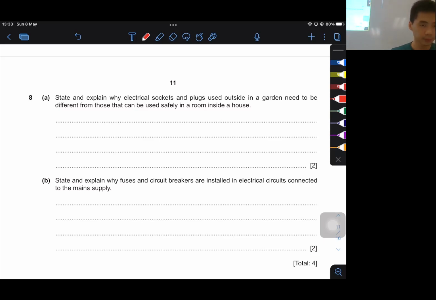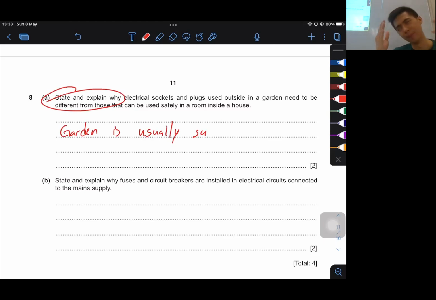Okay, so from here, obviously you can write out anything for your state and explain. Your statement is obviously going to be that the garden is usually subjected to wet conditions. It doesn't have to be word by word. Anything that's logical is acceptable.